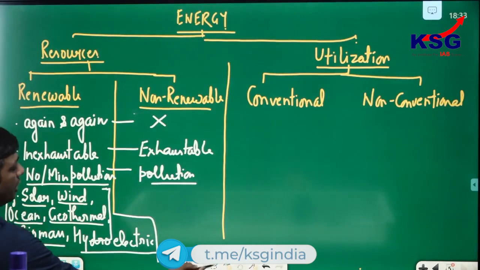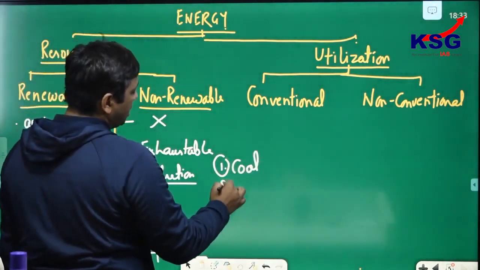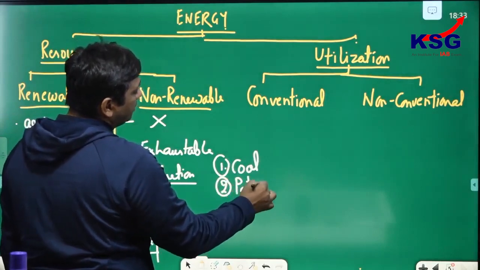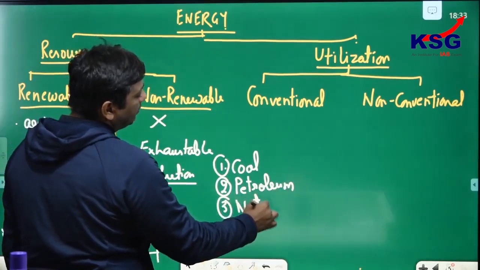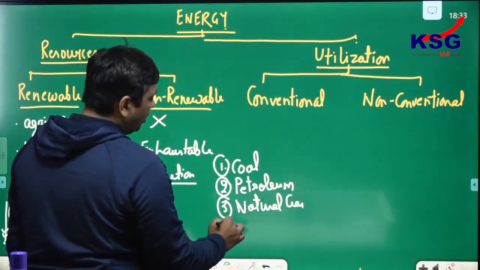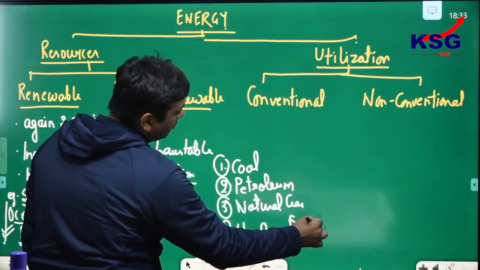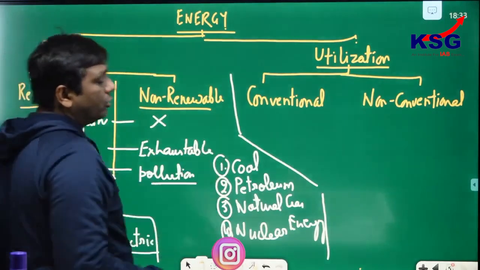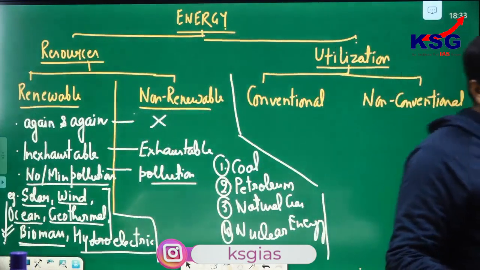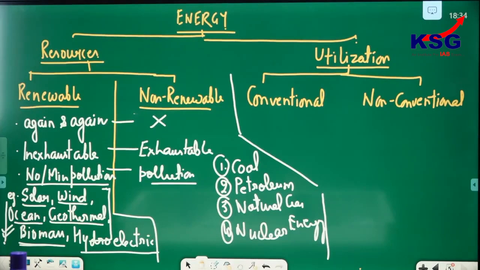What about the examples of non-renewable? Just see guys. Number 1, coal, thermal power plant. Number 2, petroleum products.